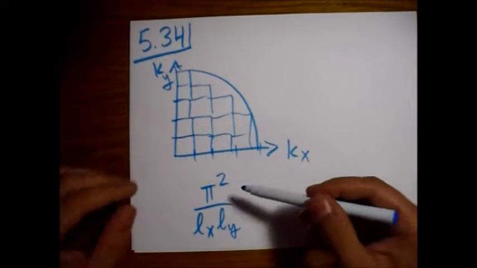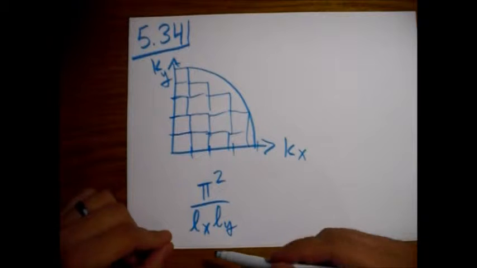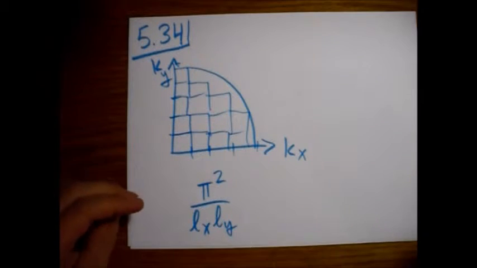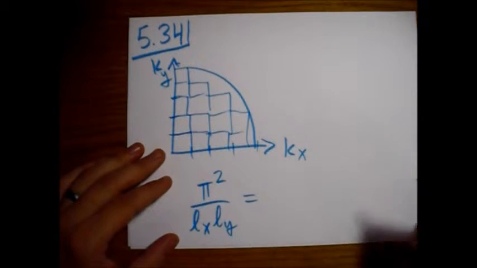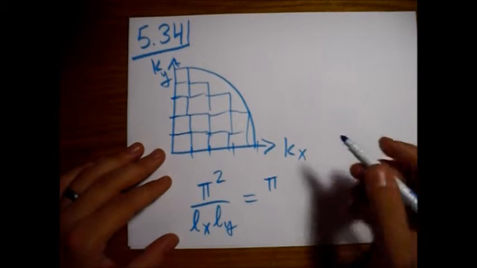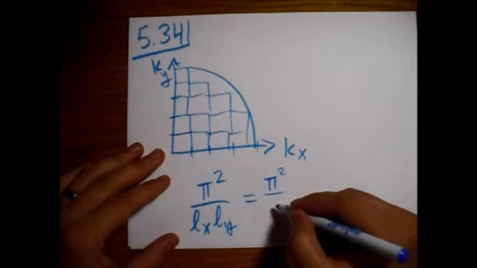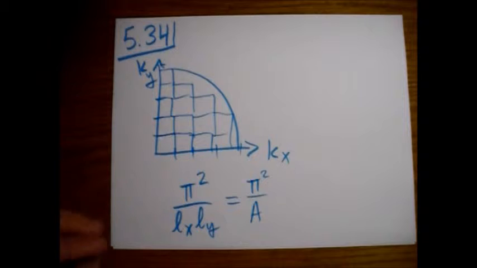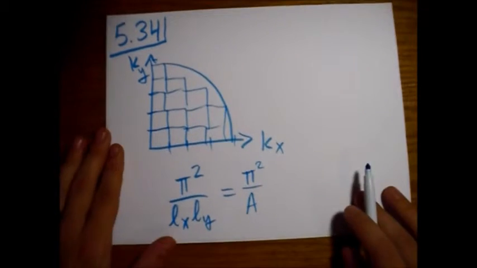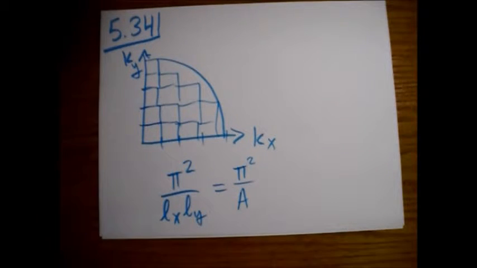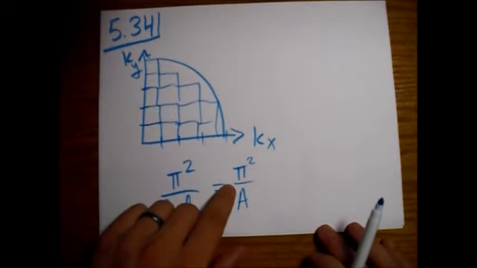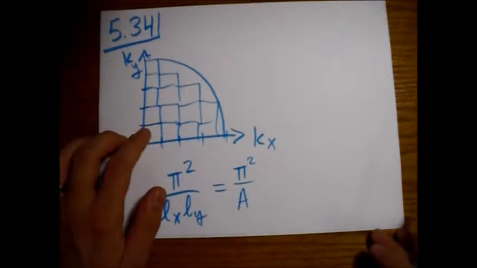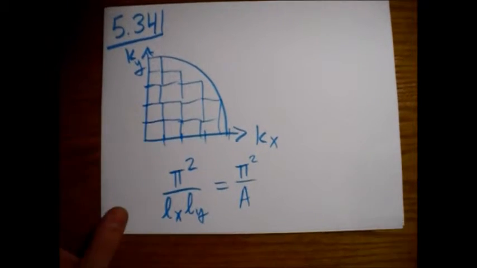For 3 dimensions this was pi cubed divided by Lx times Ly times Lz. We're just going to call this pi squared over A, and this was a V for 3 dimensions. So this is the volume of one of those little cells, and each is going to hold 2 electrons.